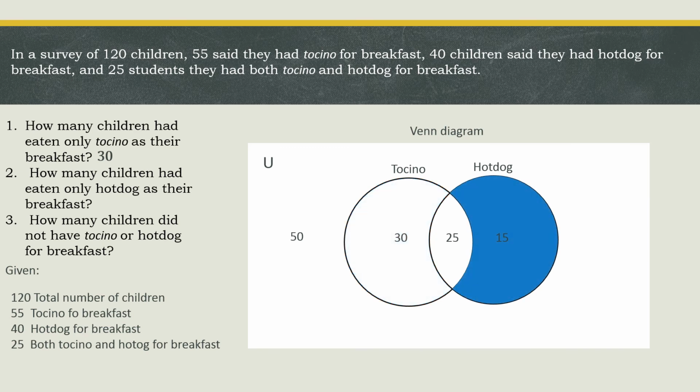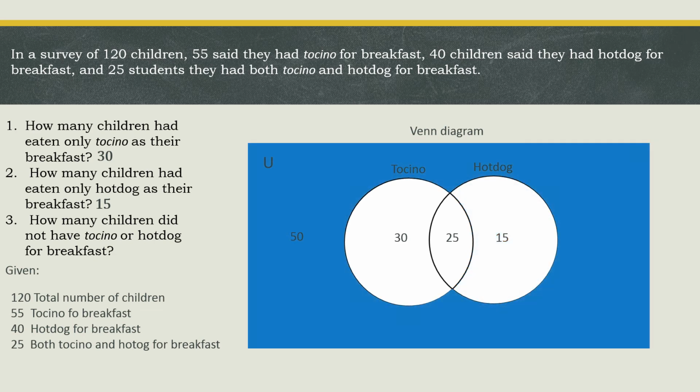Next, how many children had eaten only hot dog? So that is 15. And last, how many children did not eat tocino or hot dog for breakfast? Okay, kanang naa sa gawas. So there are 50 students. So, my dear students, this is how you solve a worded problem involving sets.